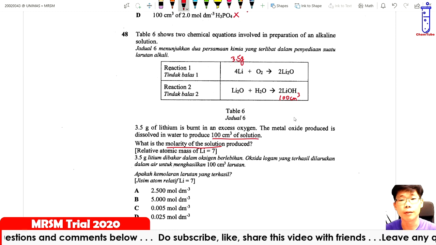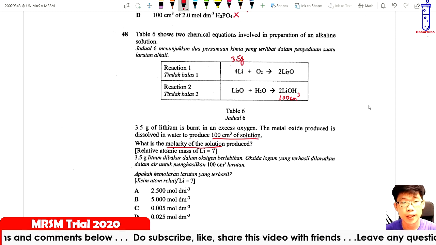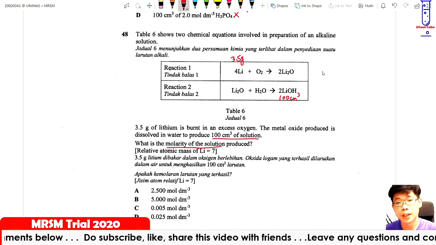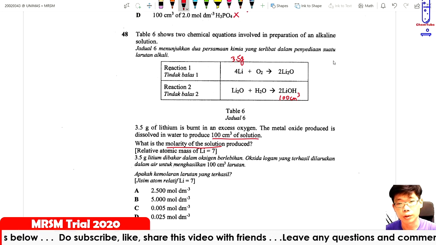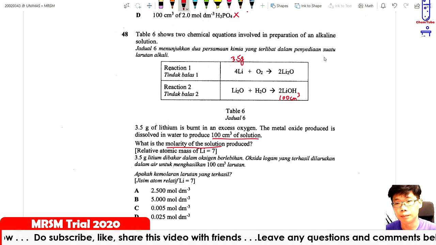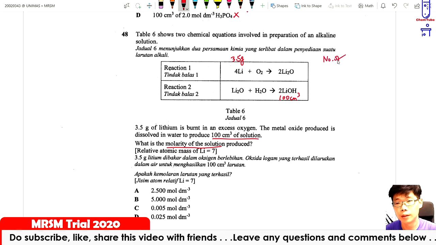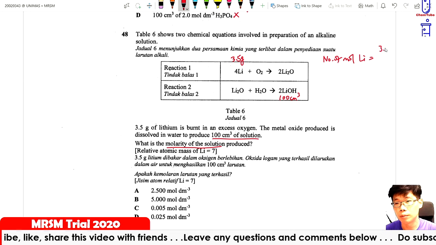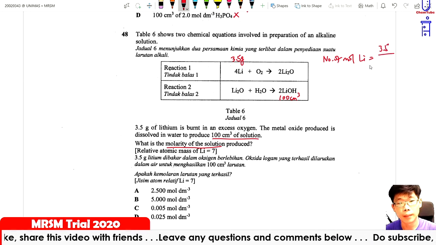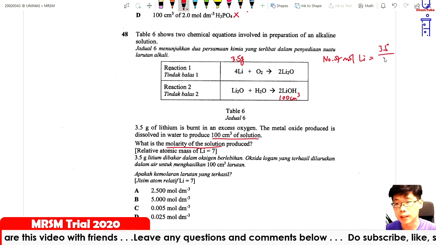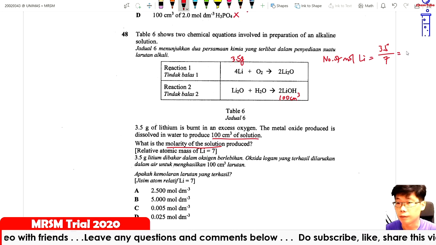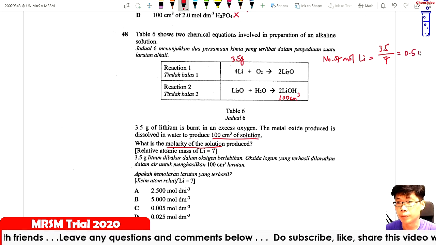Now we have to solve one by one. We have to solve the number of mole for lithium metal first. So we calculate the number of mole of lithium. Mass is 3.5, molar mass is 7. So you get 0.5 mole.